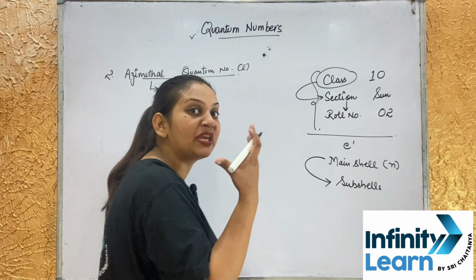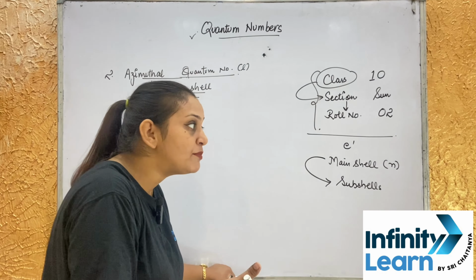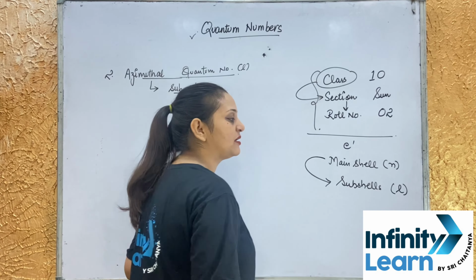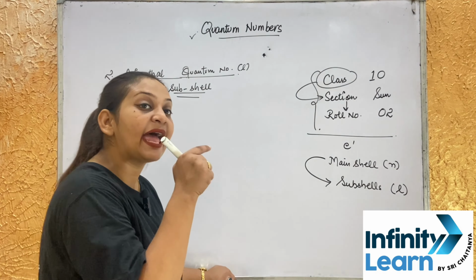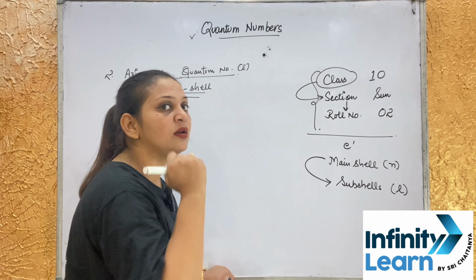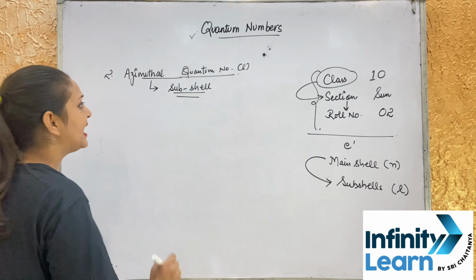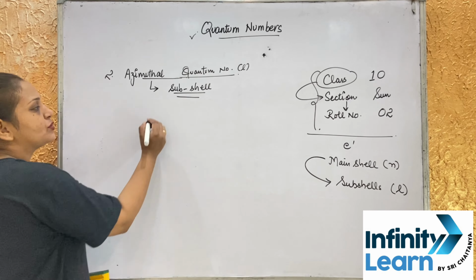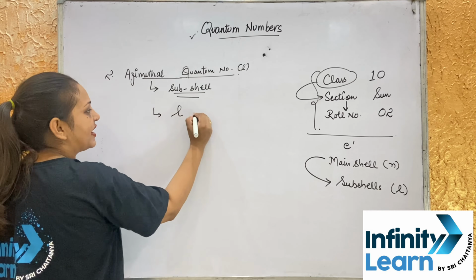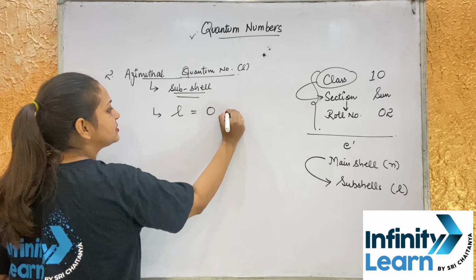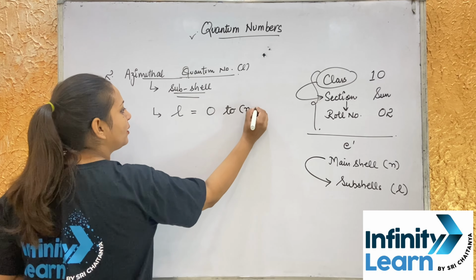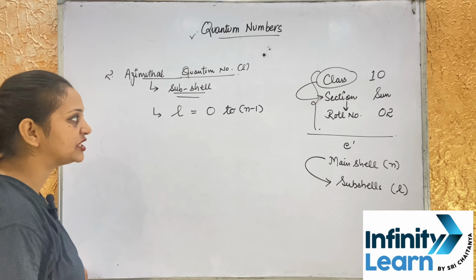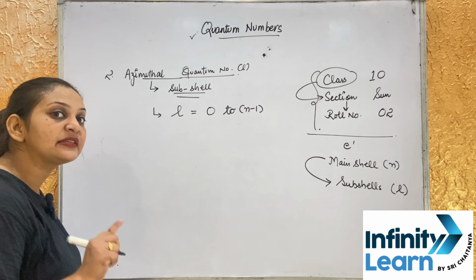Those subshells are given by our second quantum number, that is the azimuthal quantum number, and it is denoted with a letter L. This azimuthal quantum number can have values from 0 to n minus 1.